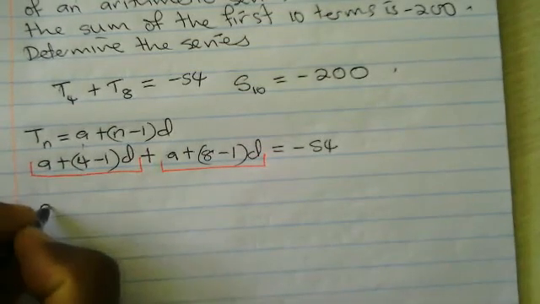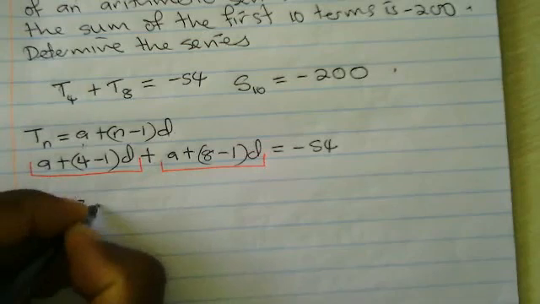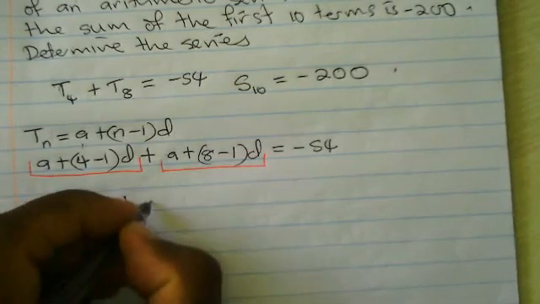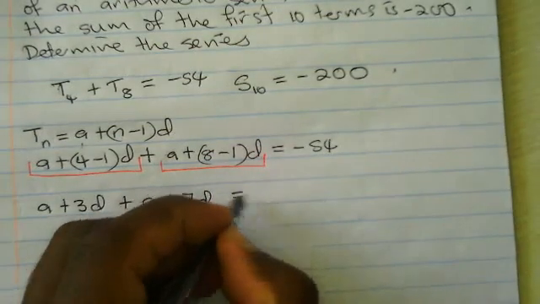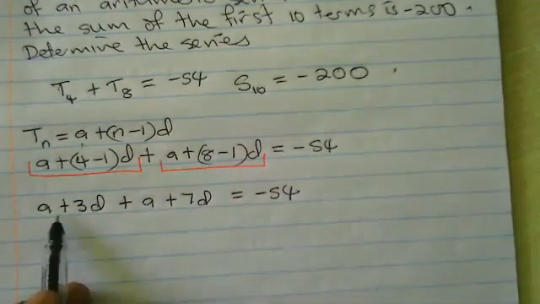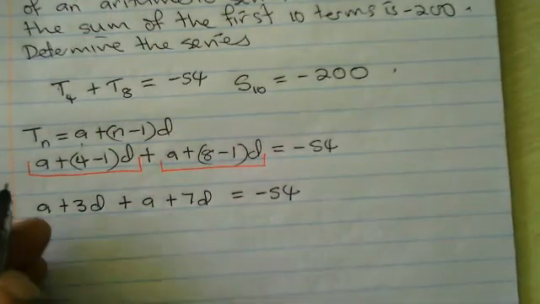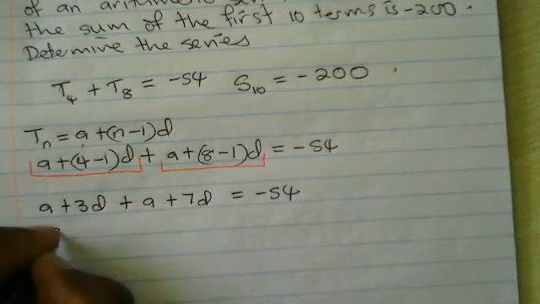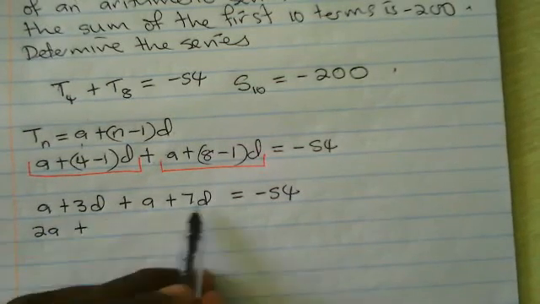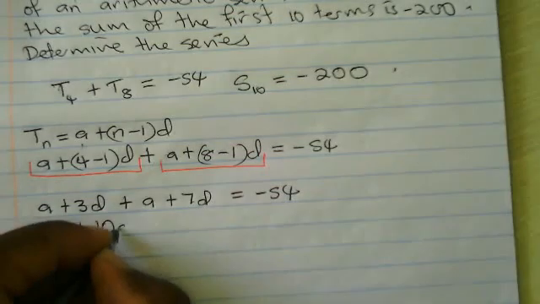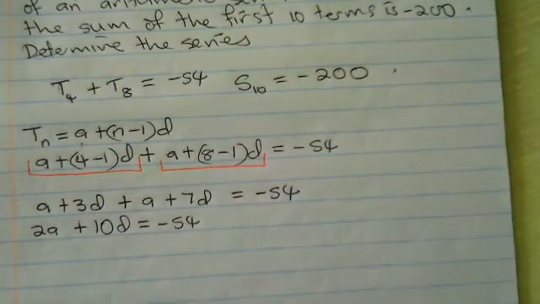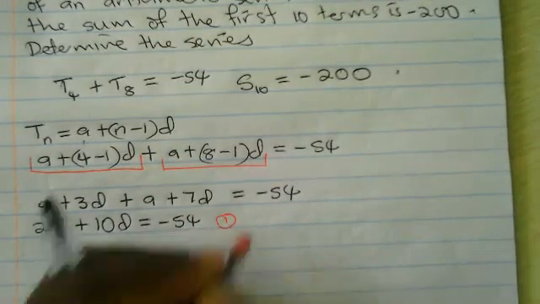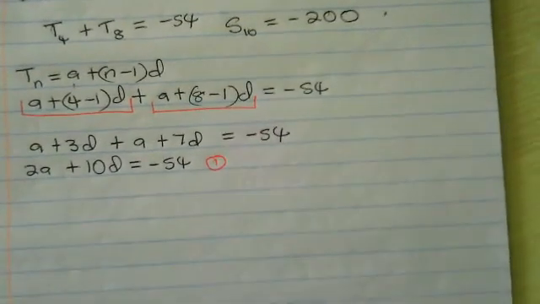So this is a plus 3d plus a plus 7d, and this is equal to negative 54. Put these together, a and a is 2a, plus 3d and 7d, 10d, is equal to negative 54.